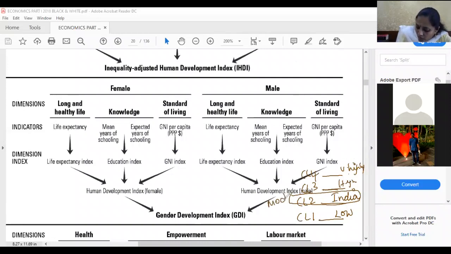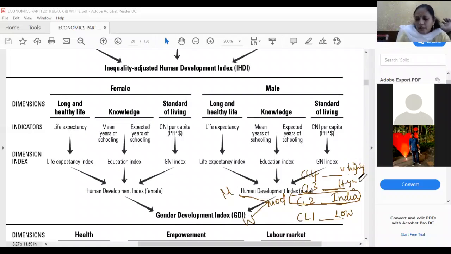After fixing India into moderately developed, now you are seeing whether India's men are doing better or women are doing better. Though you call the country moderately developed, now you are saying Indian men versus Indian women. This becomes an analysis within the country. It is not becoming an international comparison. I hope you're all able to understand what I'm saying.